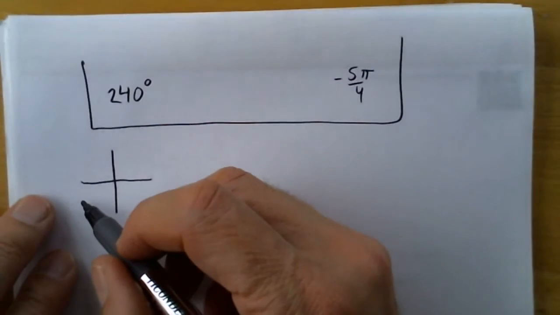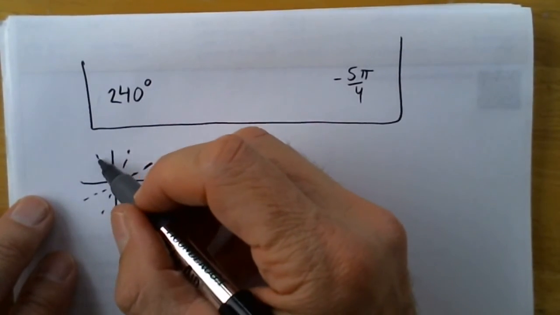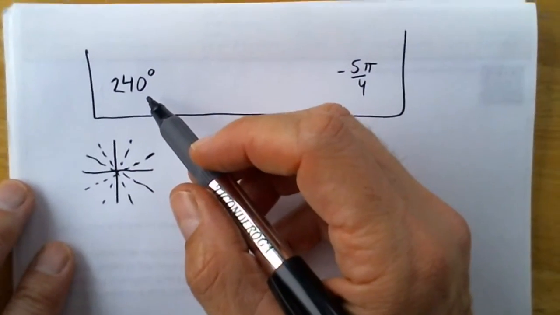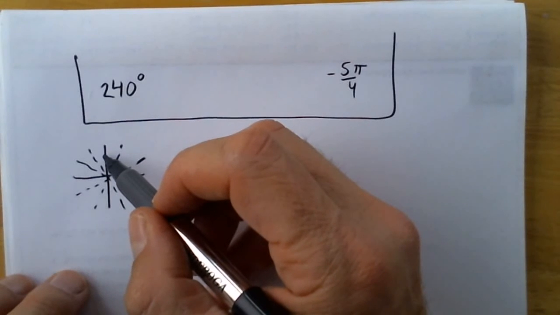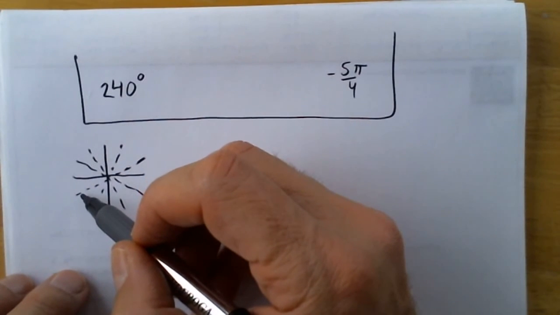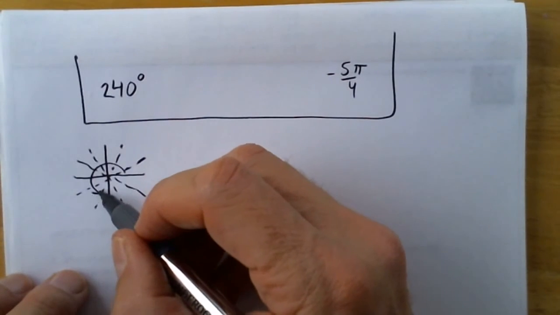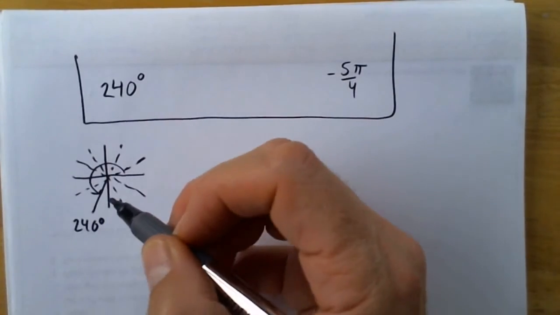That means we know we need to draw this graph. And that's going to be 30, 60, 90, all the way around to 180, 210, 240. So we know we're going there, and that is 240 degrees.